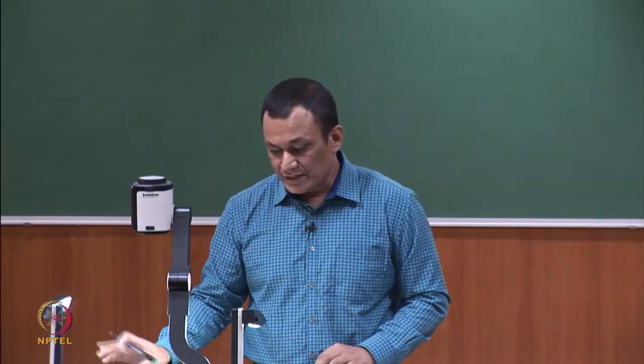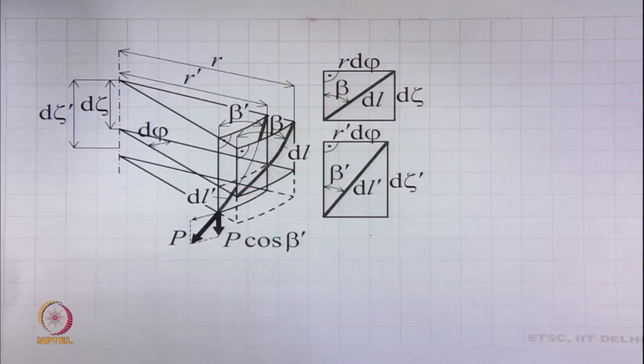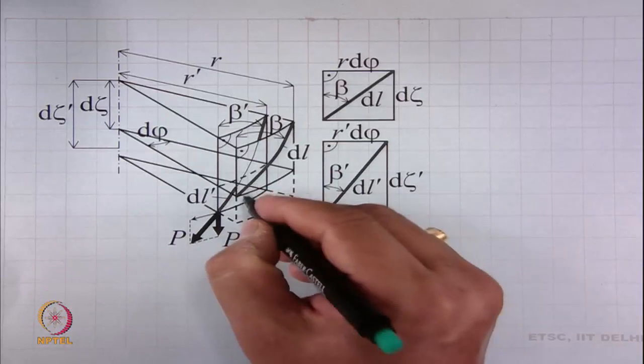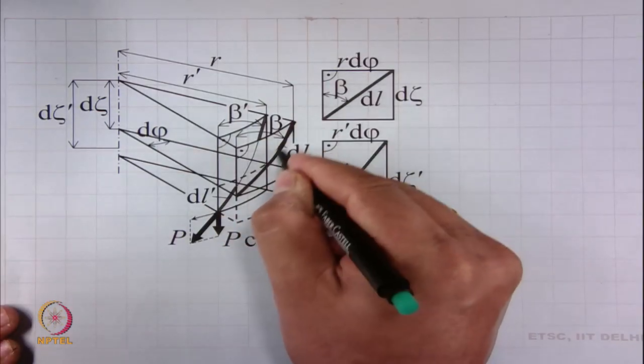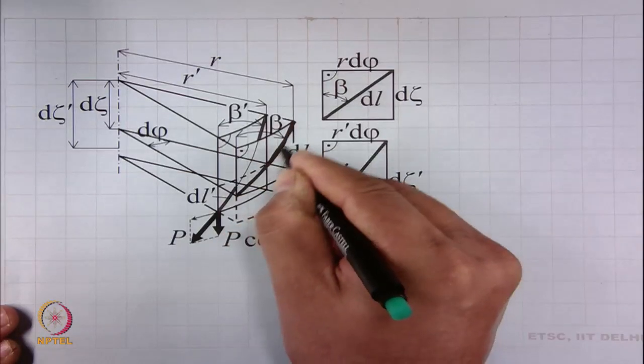This diagram is very much related to the diagram that we discussed in the module of radial migration of fibers in yarn. What we see here is a general fiber element, dl is its length.